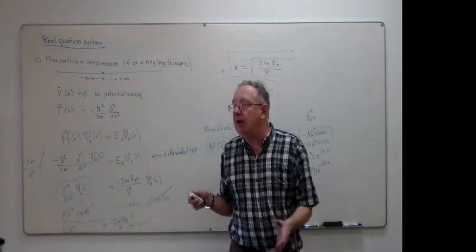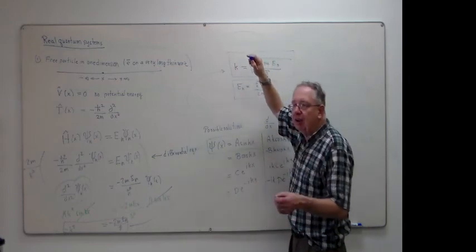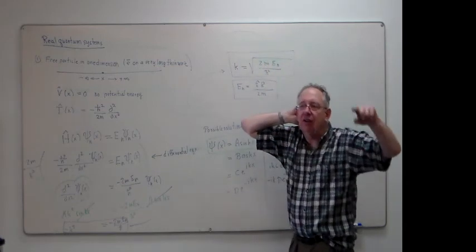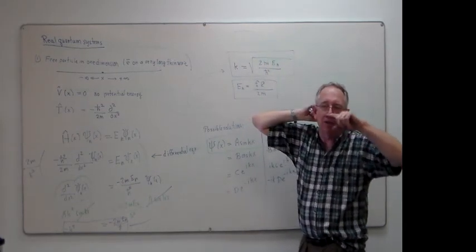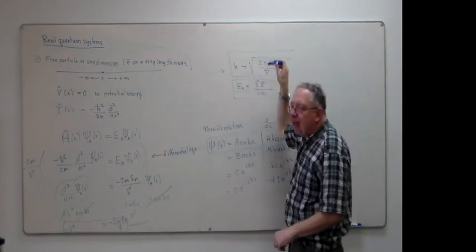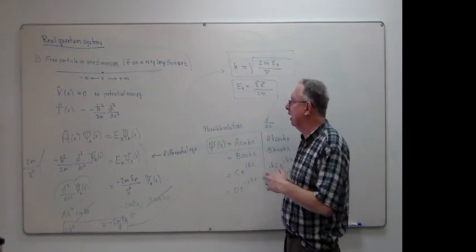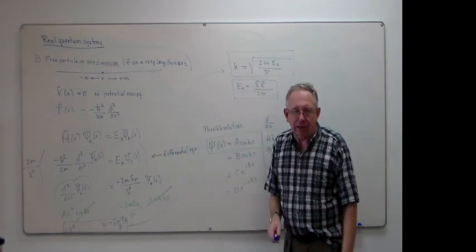And the times some constants, by the way, works. We find there's a relationship between the oscillation frequency or the oscillation wavelength and the energy of the wave. That's kind of what we expect in quantum mechanics, but we're finding that already.